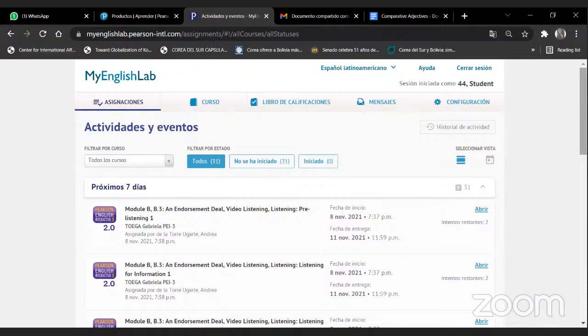Cochabamba is, I don't know if I can say flatter, like plano. Okay, yeah, it's flatter than La Paz.